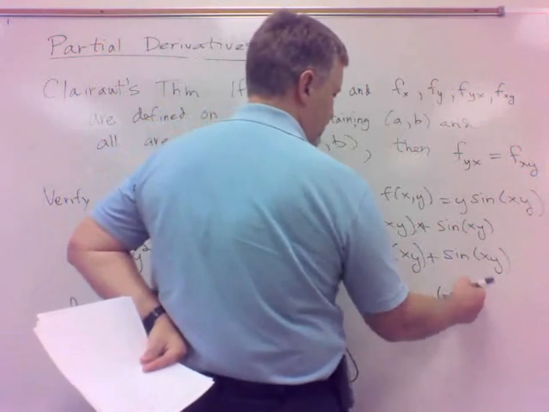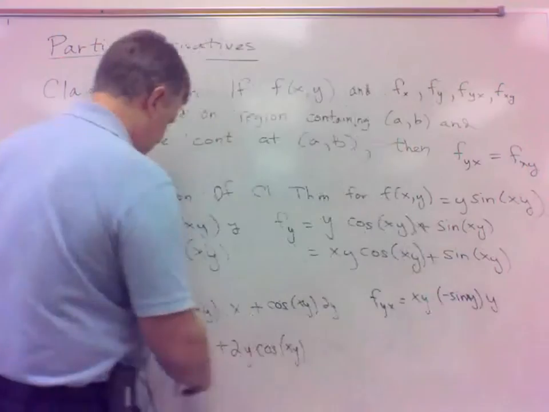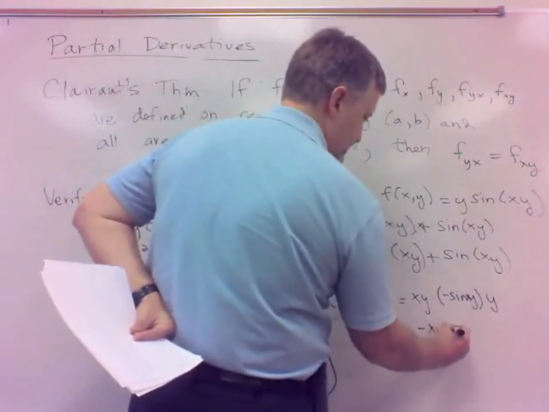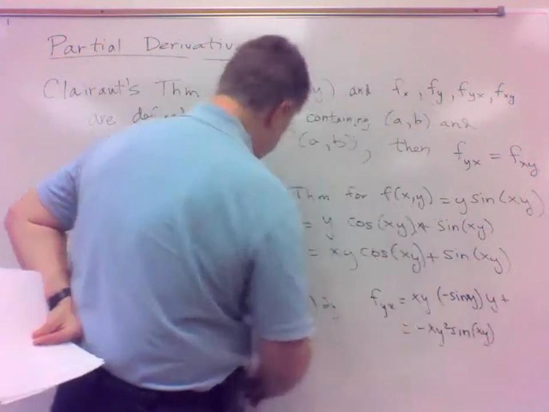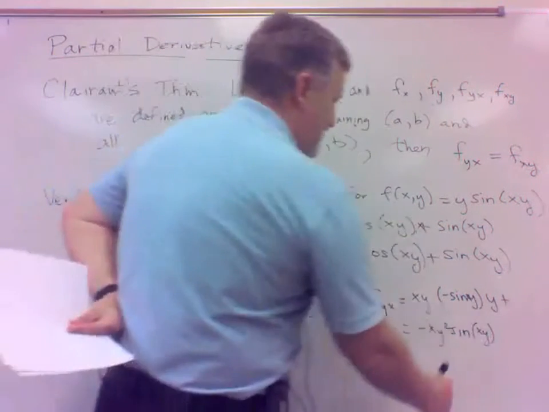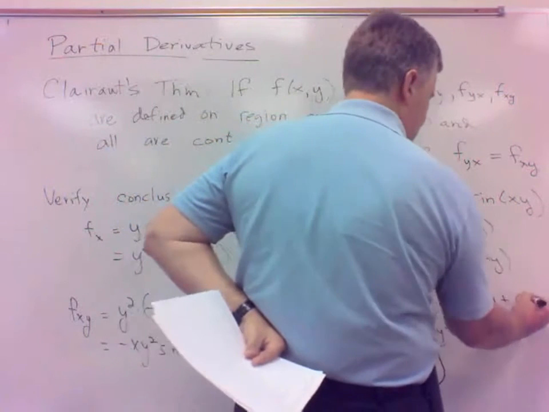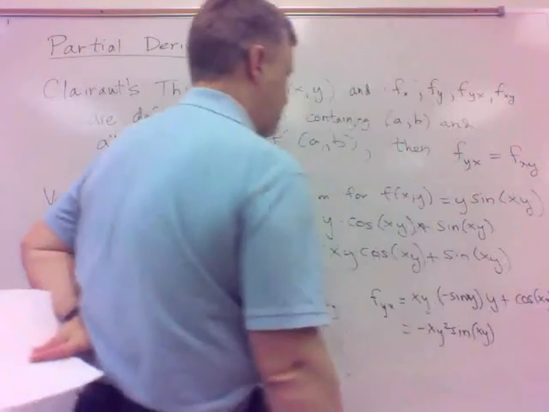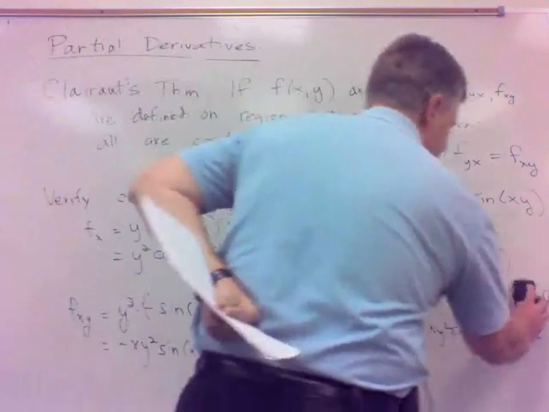Then times the derivative of the inside with respect to x, it would be y, right? Hey, that's looking pretty good, isn't it? That's negative xy squared sine xy. Which is what I've got here. All right, then derivative of that with respect to x would be cosine of xy. Oh, I didn't finish that.